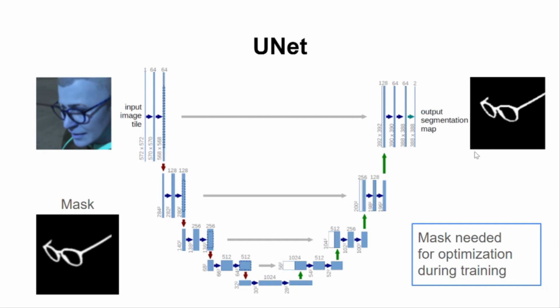Here the number of classes would be 1 for the classification, and that's why we are getting black and white images. And the mask here is used for the optimization during training.